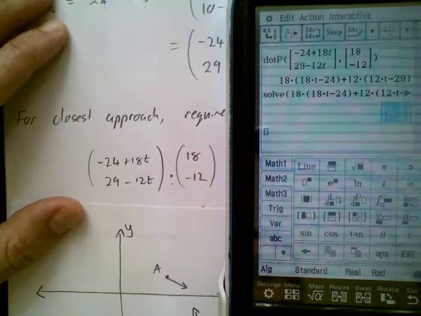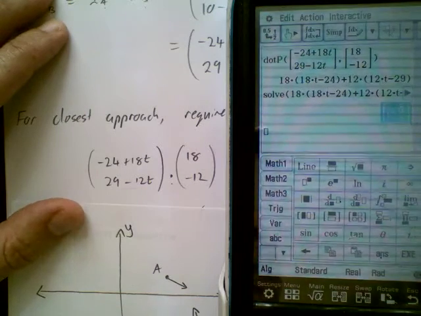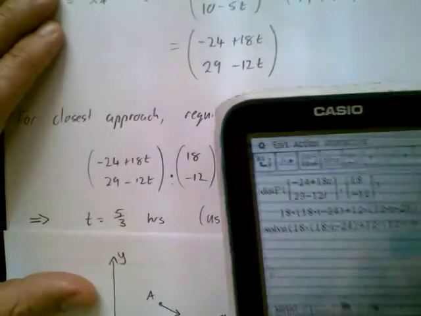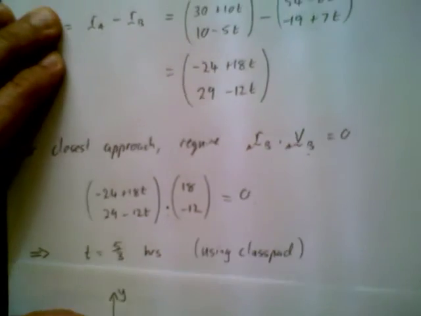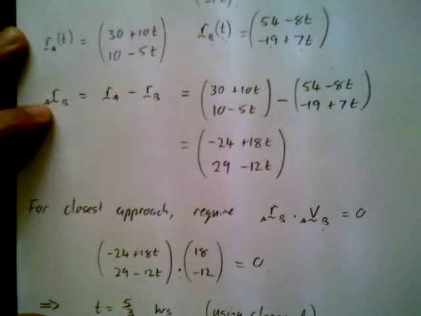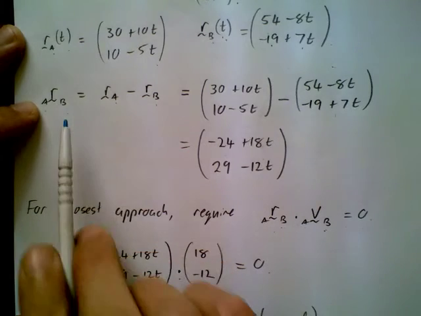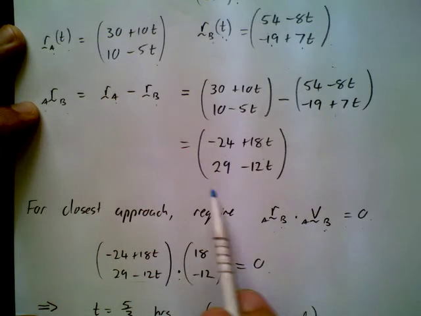Now in the question we did want to find the distance of closest approach. So doing that again, what we need then is just moving back up here to our relative displacement of A relative to B, which is this expression here.